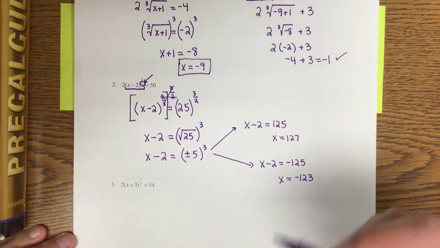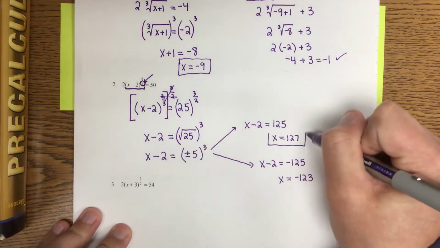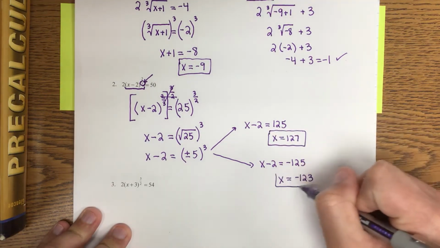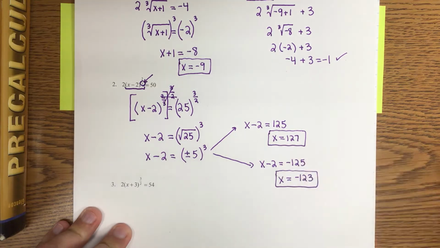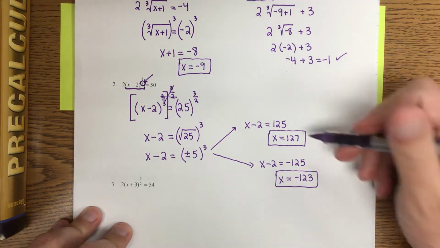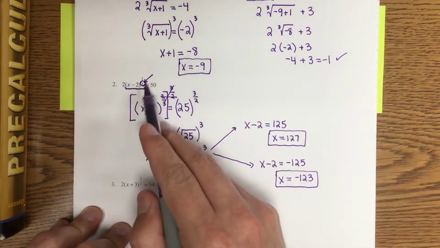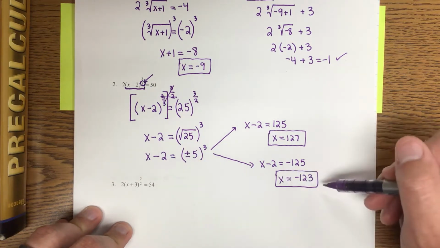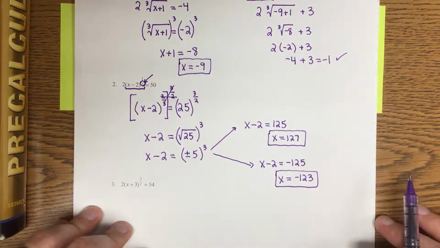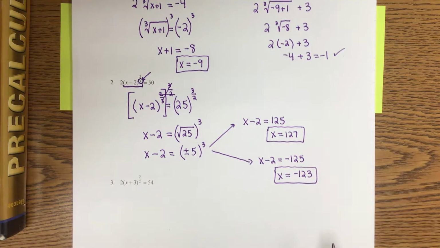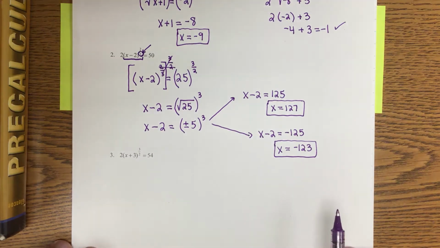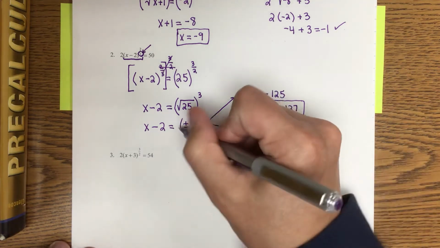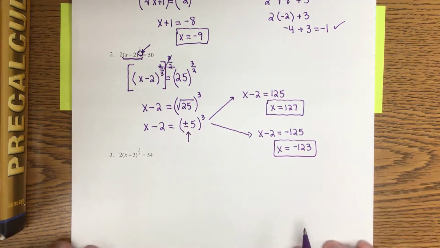So this is where your calculator might fail you a little bit because the operation that the calculator is thinking is not quite right. So both of these will check because I can take the cube root of a negative number. I can't take the square root of a negative number, but I can take the cube root of a negative number. Anyways, the biggest thing here is just that plus or minus.